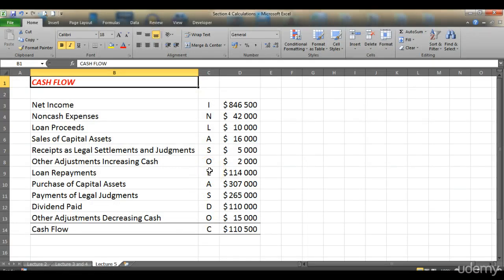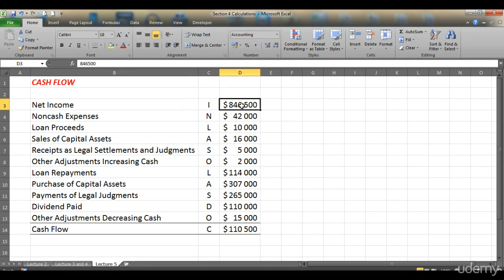Okay, here is the example with some figures. Here is the net income, non-cash expenses, loan proceeds, sales of capital assets, receipts as legal settlements and judgments, and other adjustments increasing cash.